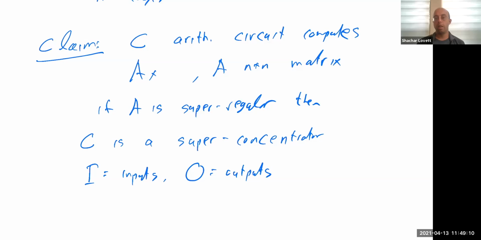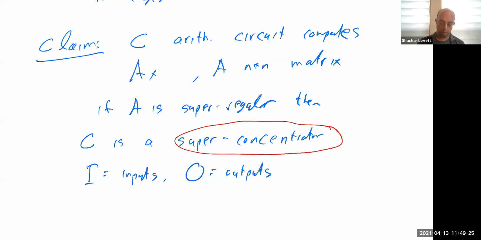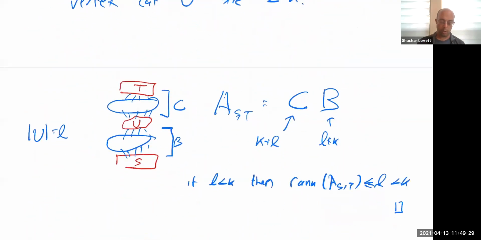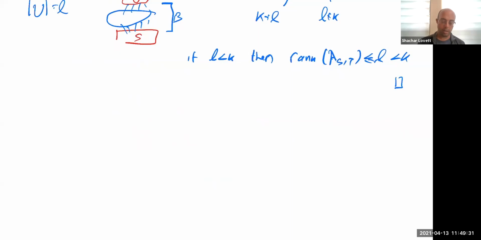Okay, so basically now we just reduce to studying super concentrators. But notice we did forget something. We forgot the coefficient structure here. So just keep that in the back of your mind. So now we're going to move to this next question that Valiant was asking. So what do we know so far?